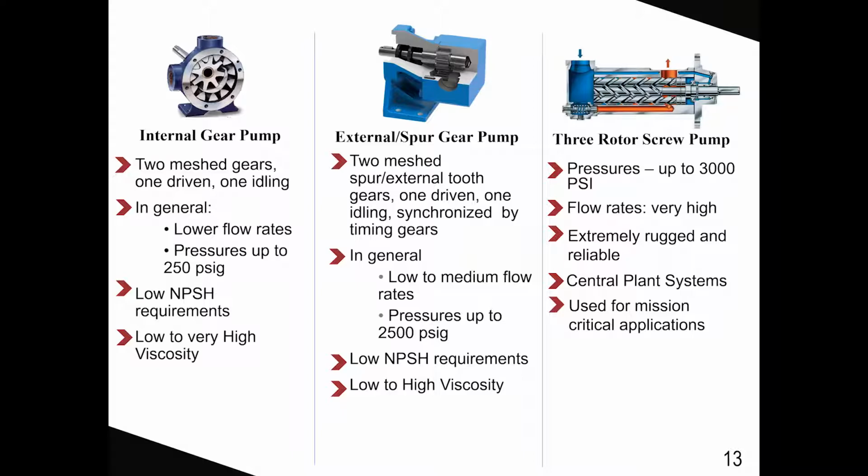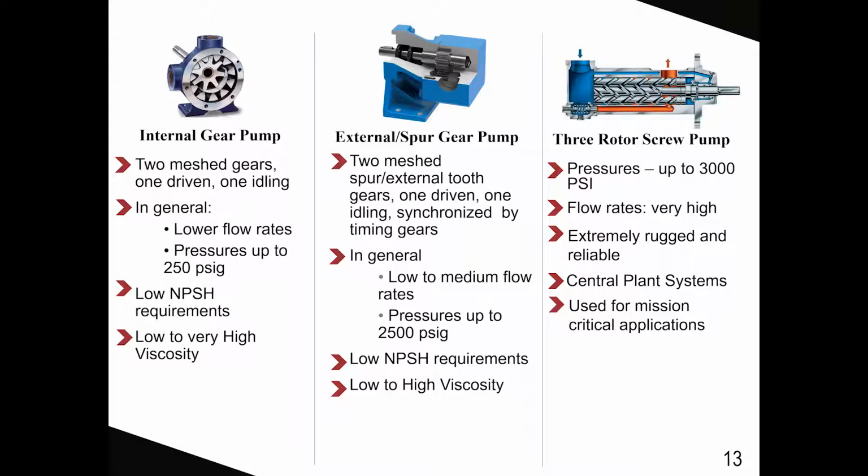Types of pumps we use in the industry are all positive displacement type as required by code. The first is the internal gear pump. We typically recommend it for smaller systems. Our range of use is 20 gallons an hour to 1,000 gallons an hour with discharge pressures up to 100 psi.